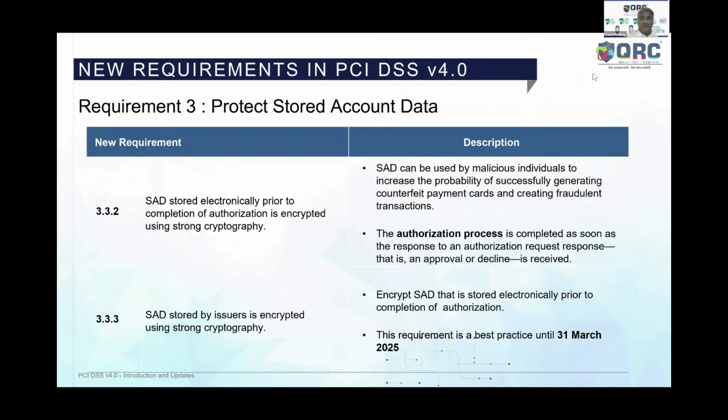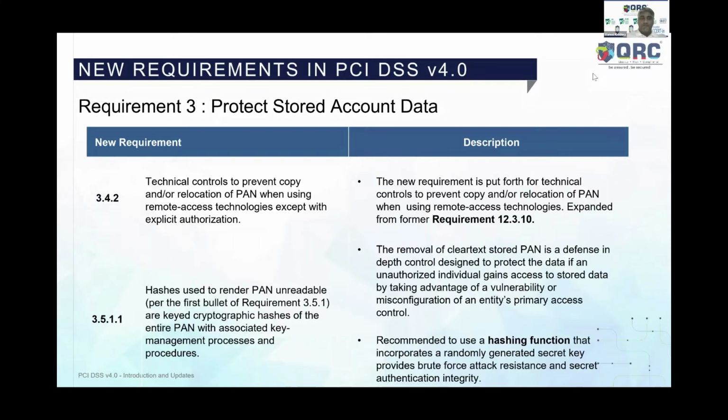Coming to 3.4 and requirement 3, the other one is that technical controls need to be implemented to prevent relocation of the PAN when using any remote access technologies. This is also a new requirement now.